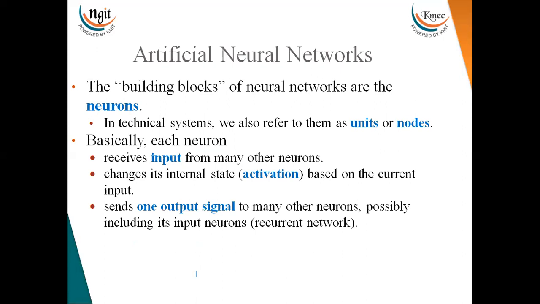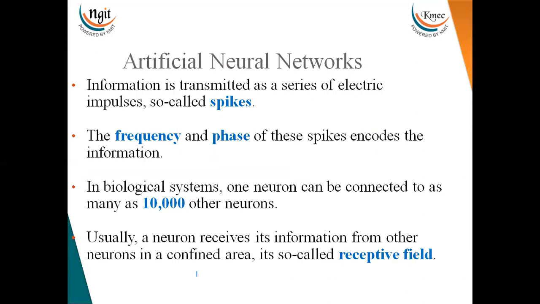Now, what is the building block of an ANN? The neuron. It receives input, then its internal state is changed based on the activation, and it generates the output signal. Information is transmitted from one layer to another layer by using weighted connections, and such connections are called spikes.